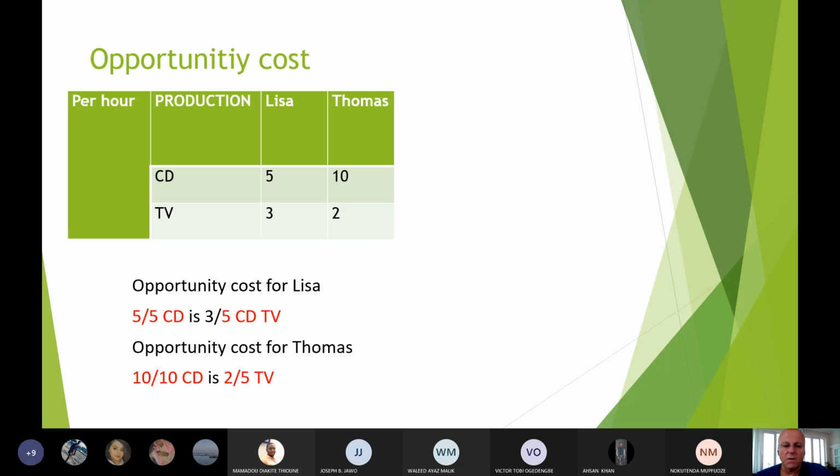Or if you want to substitute with the CD, then you observe it is less than this, because this 1-to-1 proportional opportunity cost is used for Lisa for the CDs, and for the TV it is almost 0.6, which is not high for the replacement between each other. And for Thomas, similarly, realize that 2 to 5 is almost 0.5 or something, and 10 to 10 is 1 again. Then you see the opportunity cost is higher for Thomas when you consider the CD production.